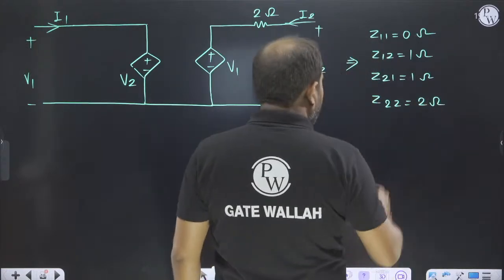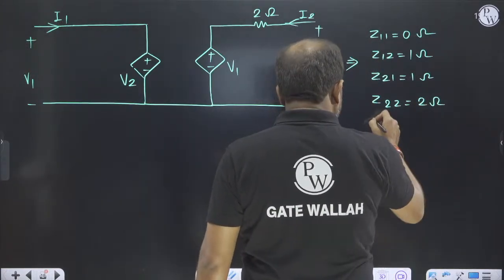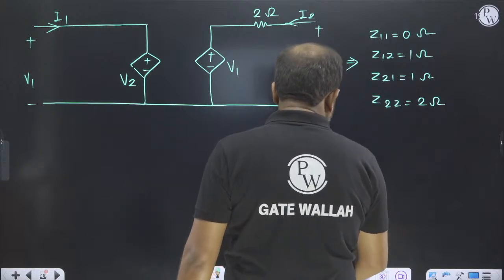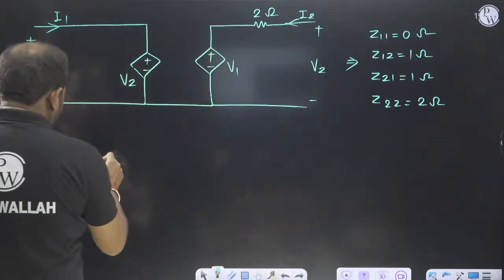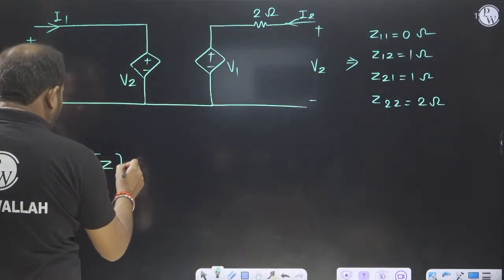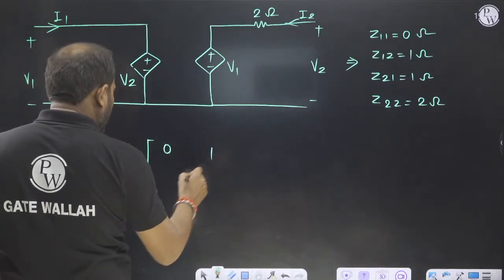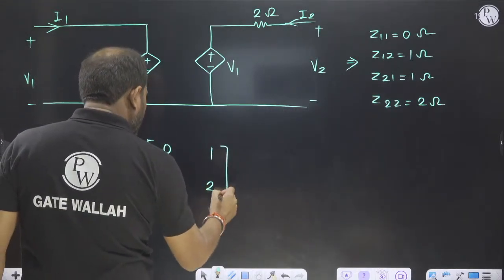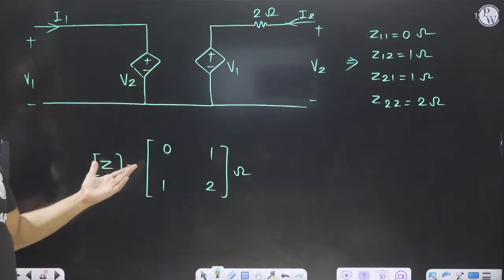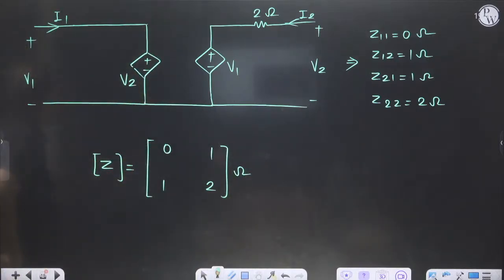So our Z matrix for this one will be 0, 1, 1, 2 in ohm. It is very simple. They will ask a very beautiful question.